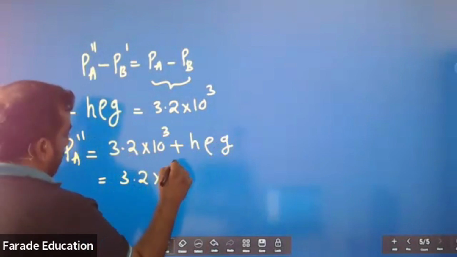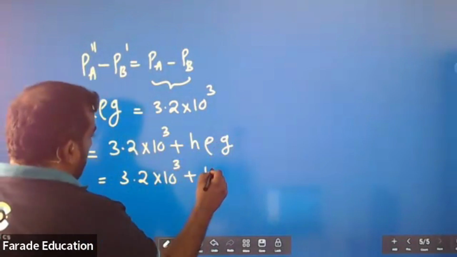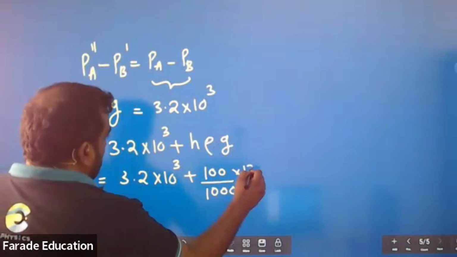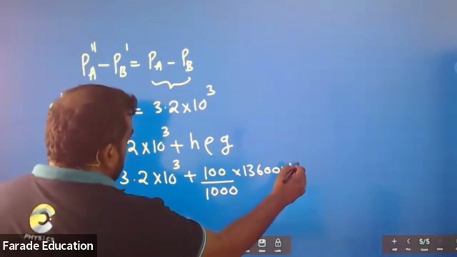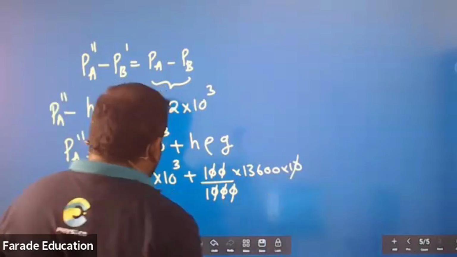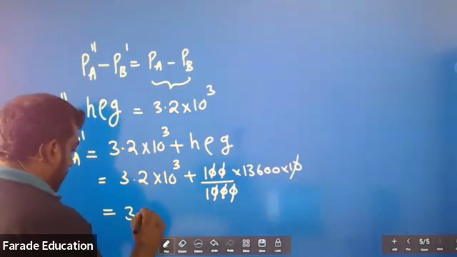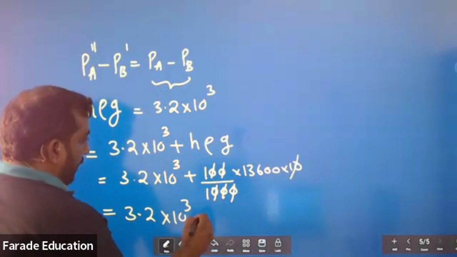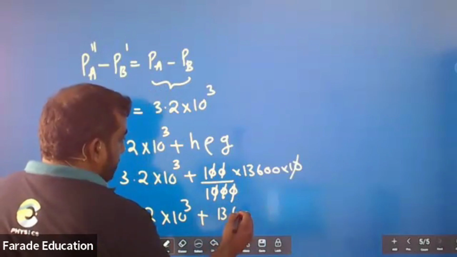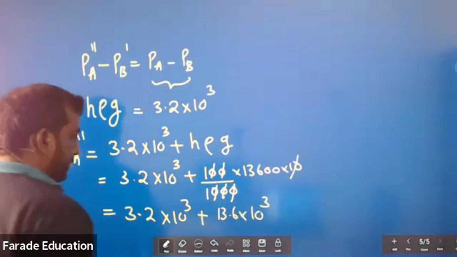3.2 times 10 to the power 3 plus h rho g. Height is 100 millimeter, convert to meter, times 13,600 times g. Zeros cancel off. So 3.2 times 10 to the power 3 plus 13.6 times 10 to the power 3.